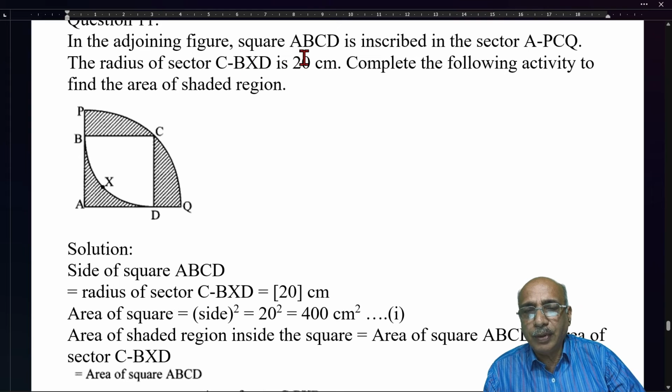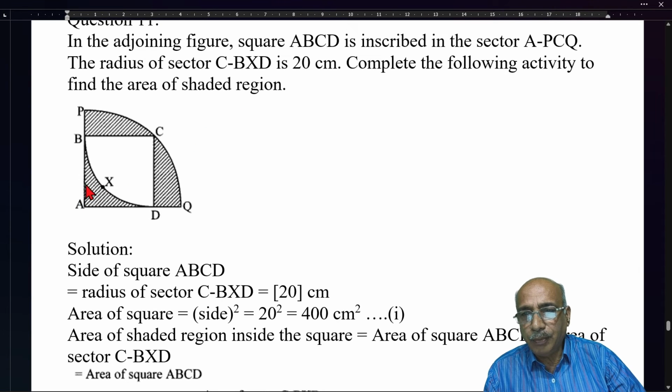Question 11. In the adjoining figure, square ABCD is inscribed in the sector A'PCQ. The radius of sector C'BXD is 20 centimeter. Complete the following activity to find the area of the shaded region.